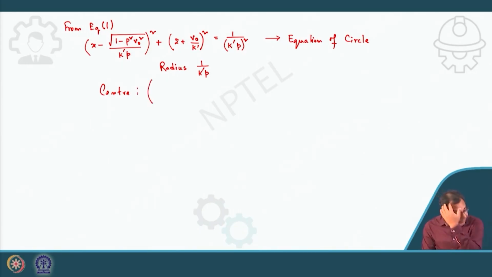The x coordinate will be root over 1 minus p square v0 square divided by k dash p, and the z coordinate will be minus v0 by k dash.